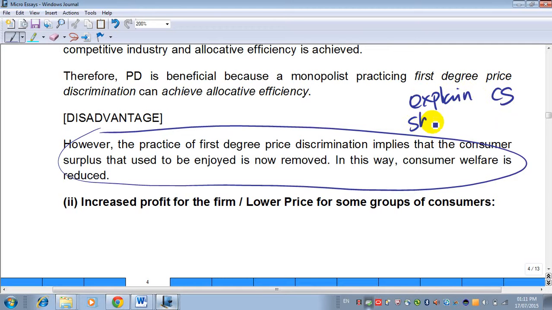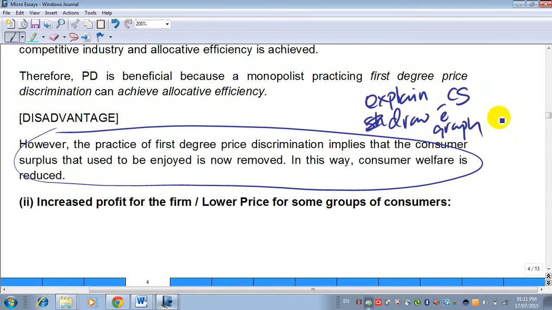You can draw the graph for consumer surplus, the one that I printed for you, and show that for normal situations there would be quite a high amount of consumer surplus. Normally, this is the demand curve, and this is the actual price, and this would be the consumer surplus.